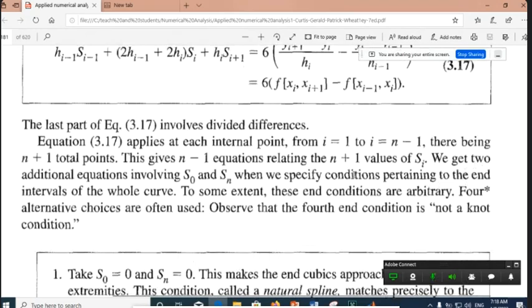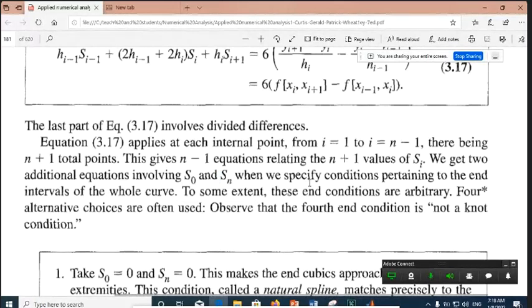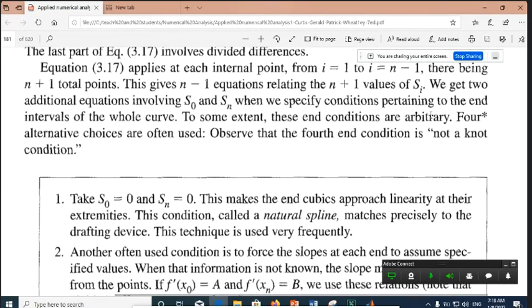We get two additional equations involving the first and last S, S_0 and S_n, and we specify conditions pertaining to the end intervals of the whole curve. To some extent, these end conditions are arbitrary, for alternative choices are often used.